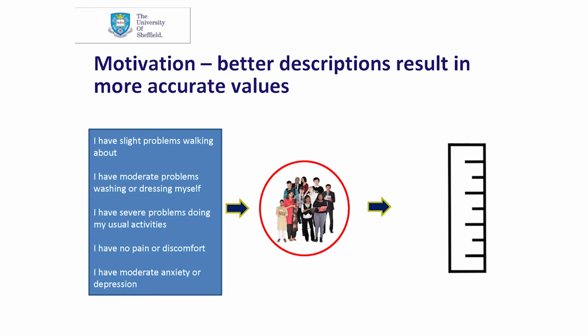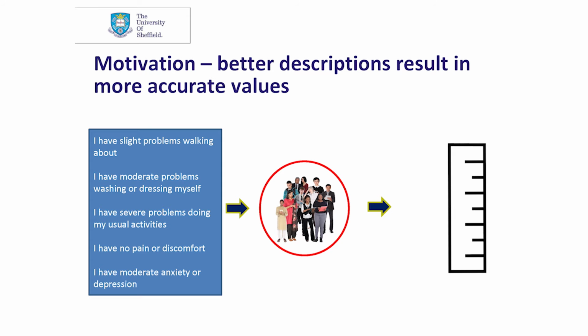And what we do to get our values for that state is ask members of the public to value that state on some kind of scale. I've got a simple ruler there, but the methods for eliciting these values are rather more complex than that, but nonetheless the principle is much the same. We're asking members of the public to imagine that health state and provide us with a value.